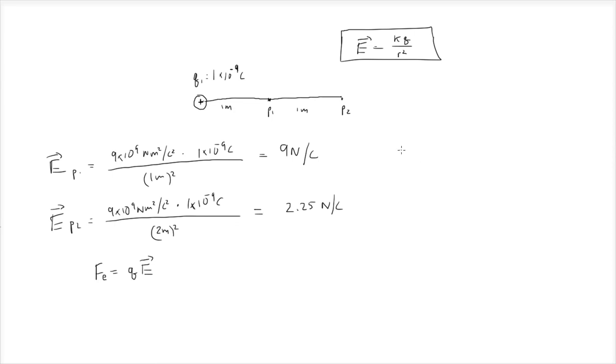So if I put a 2 coulomb charge there at P1, it'll experience 18 newtons of force, right? Because for every coulomb of charge you have, you get 9. And again, we just see that by multiplying the charge, 2 coulomb, times the electric field, 9 newtons per coulomb. These cancel, and we're left with 18 newtons.